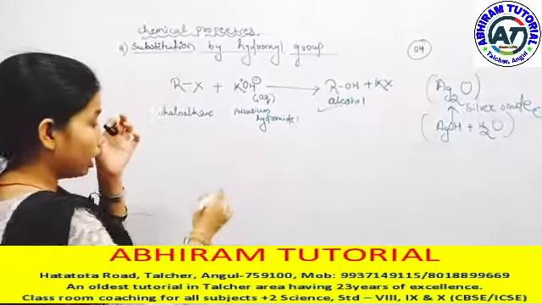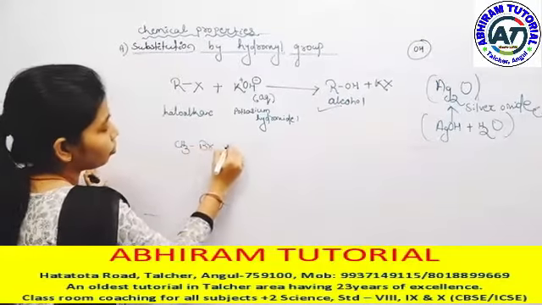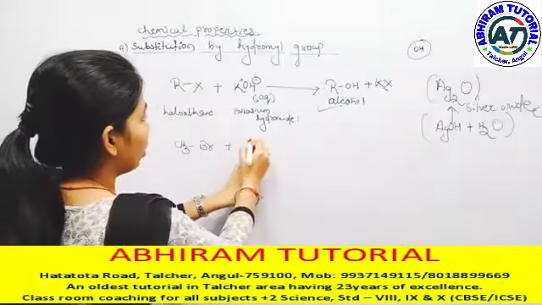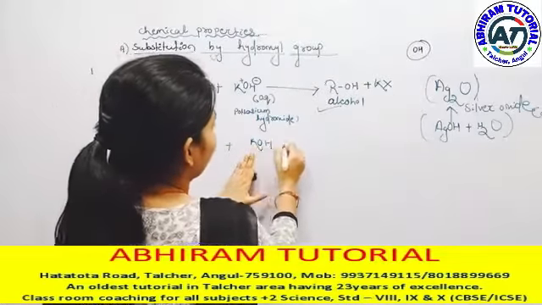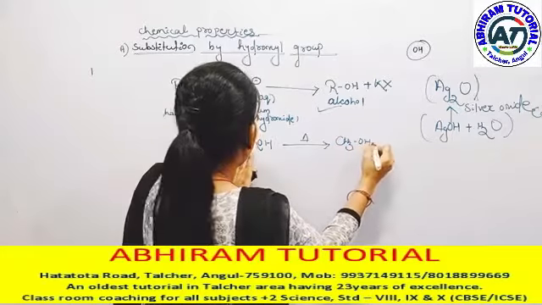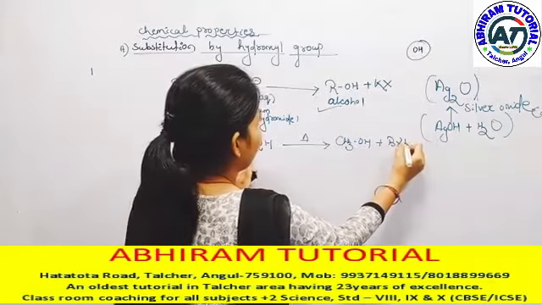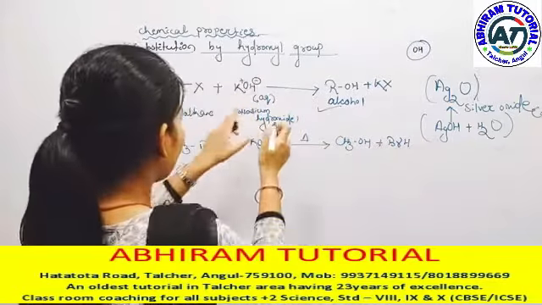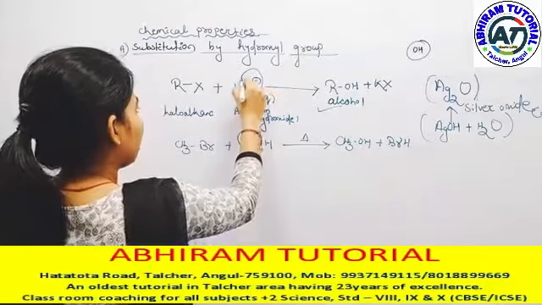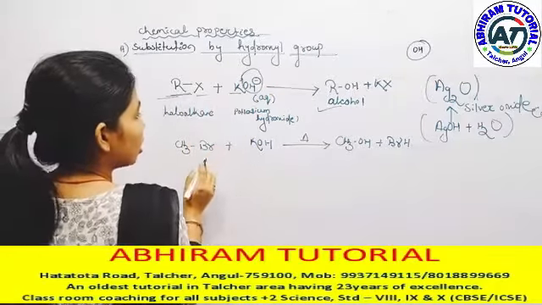For example, we take various examples like methyl bromide. When it reacts with KOH and heat, it gives us CH3OH plus KBr. Here OH is attached to that alkyl group and KX is eliminated as a byproduct.